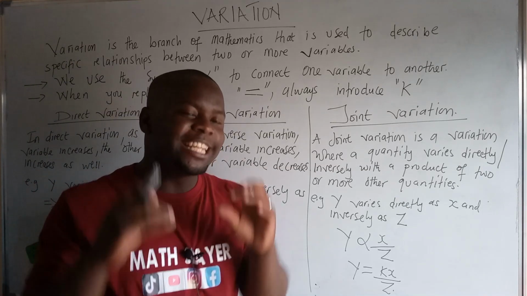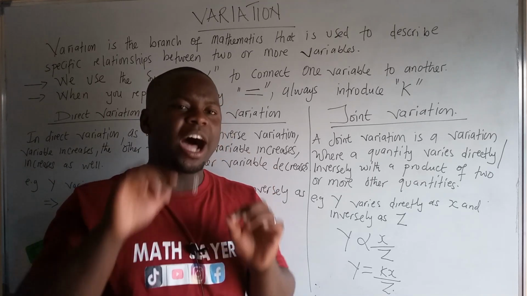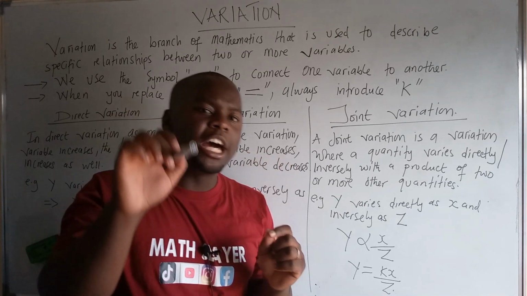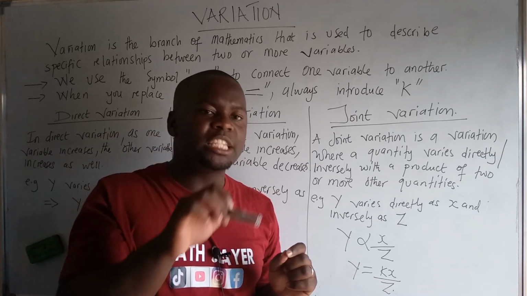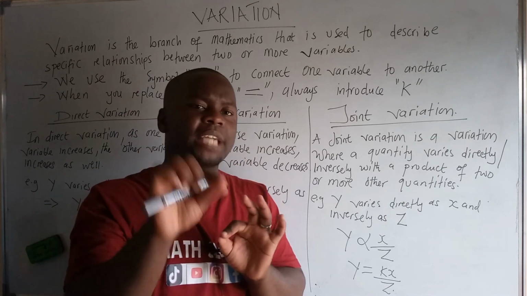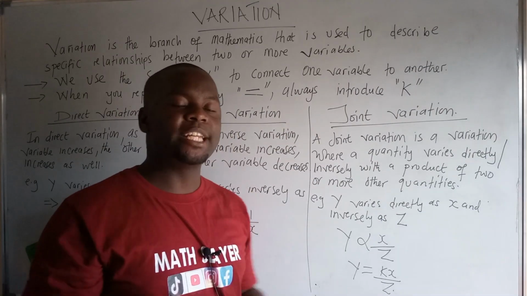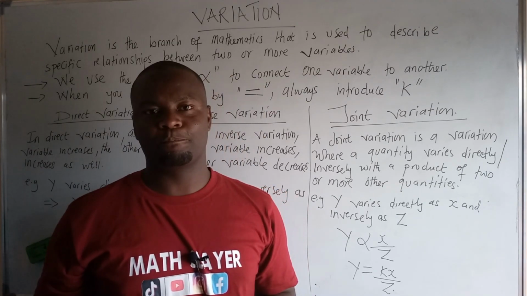These variables need to be connected by the proportion symbol. So as you are calculating, you need to replace this proportion symbol by the equal sign. Once you introduce the equal sign, you need also to introduce k, which is the constant of variation.